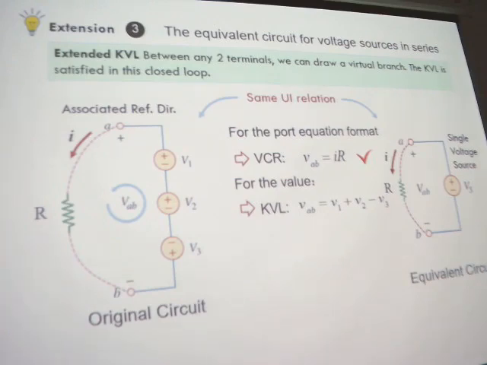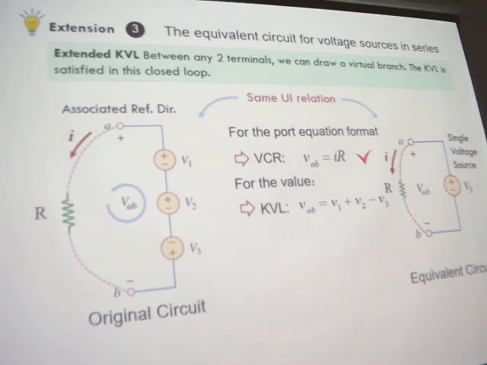Okay, understand? So for this one, do you know the potential? Potential. Yeah, potential. Okay. For one node, the potential is a value. It cannot be changed if we choose the same reference.